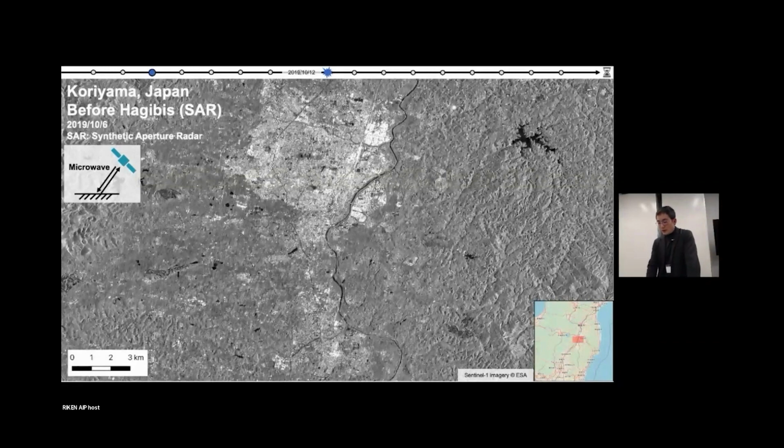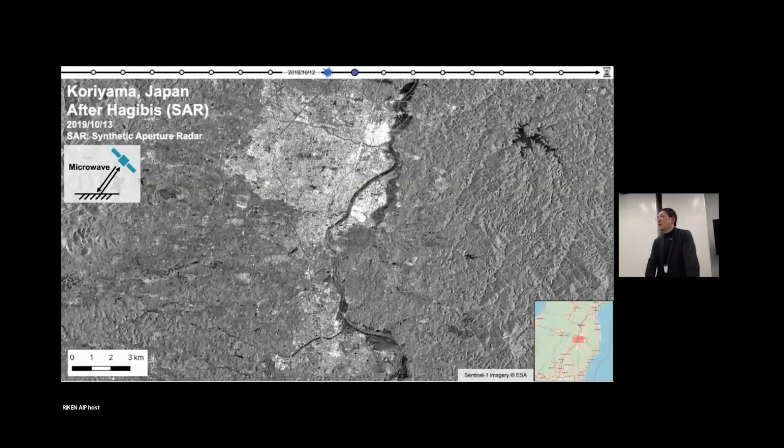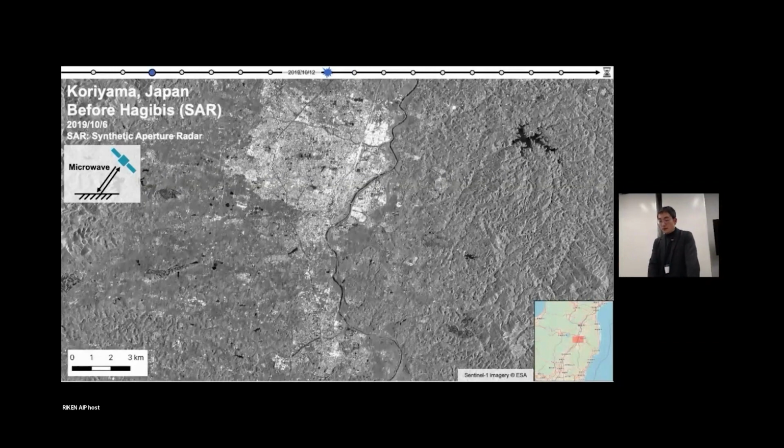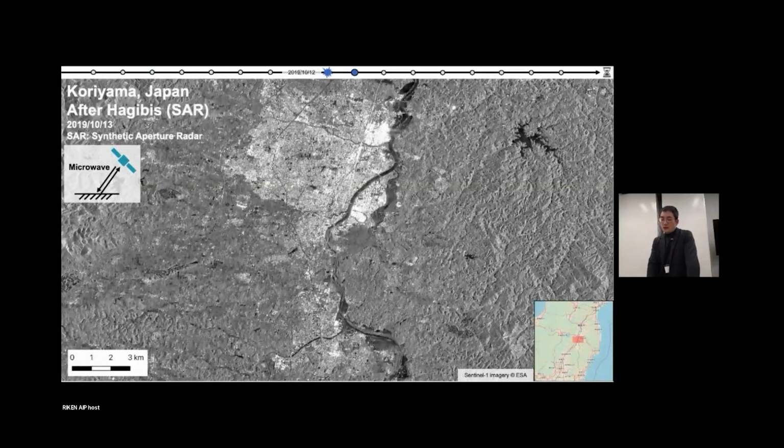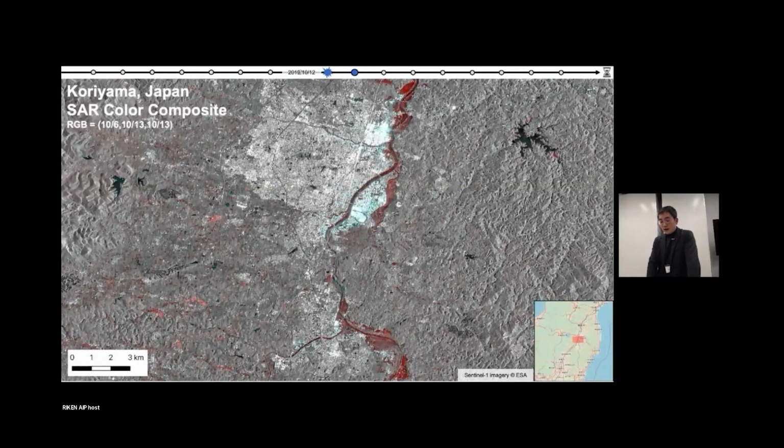So this is a pre-disaster SAR imagery, and this is a post-disaster SAR imagery, by switching pre and post. I hope you can see the difference in intensity. And by analyzing these pre- and post-disaster images, it's possible to detect a flood extent map.